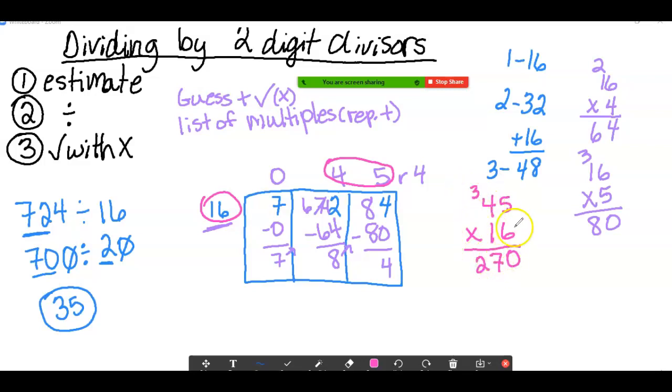I'm going to cross this off because I'm done with my ones place. I'm going to cross this off as well so I don't get confused. Remember, this 1 is not really a 1, it's in the tens place, so it's worth a 10, so I place a 0. 1 times 5 is 5, and 1 times 4 is 4. And now I add.